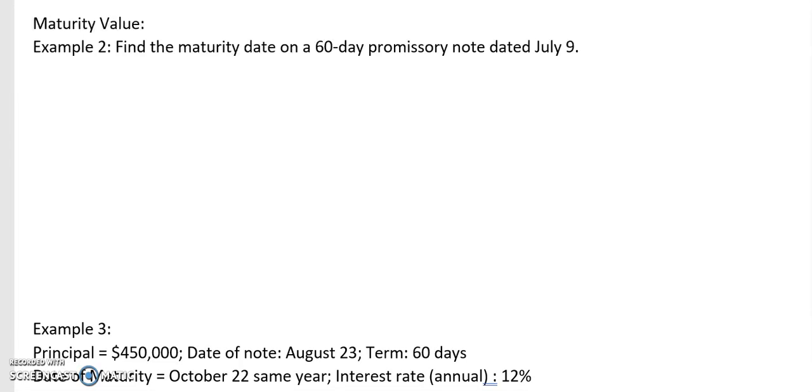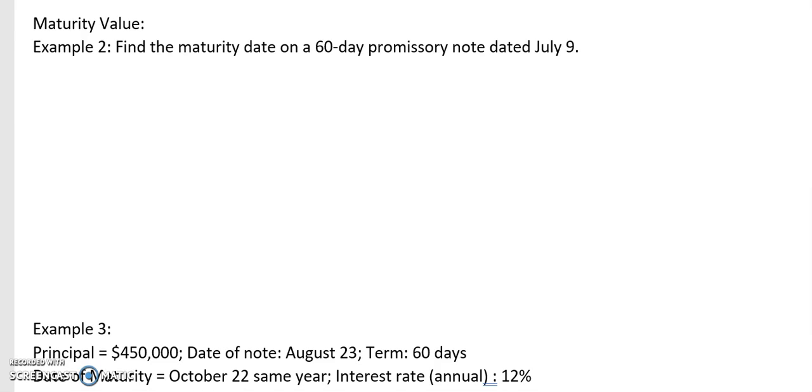Next thing we want to do is find the maturity value. Maturity values are used in bonds, as well as when you're going to buy promissory notes and things like that. Let's take a promissory note that you are executing, and you want to find the maturity date on a 60-day promissory note dated July 9th.